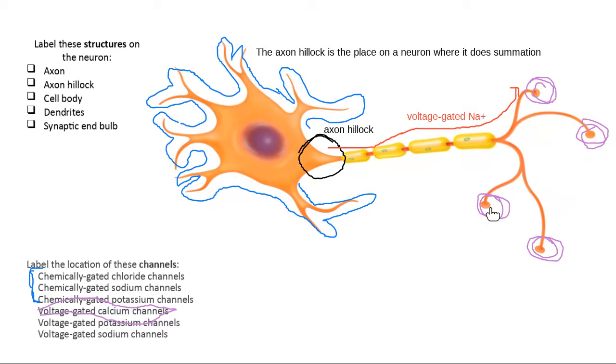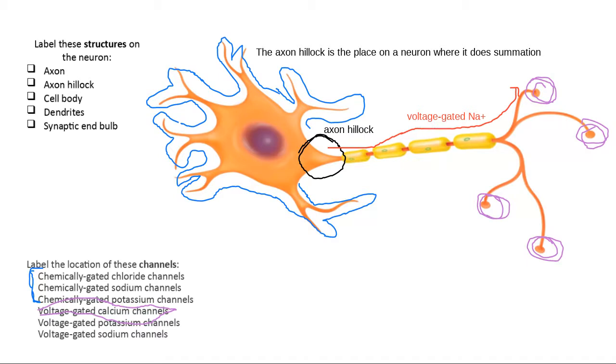The last kind of channel that we don't have labeled here yet are those voltage-gated potassium channels. The job of voltage-gated potassium channels is to repolarize the membrane after the voltage-gated sodium channels depolarize it.